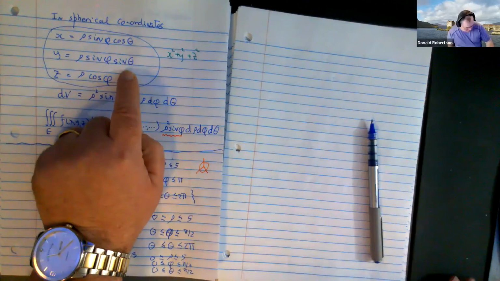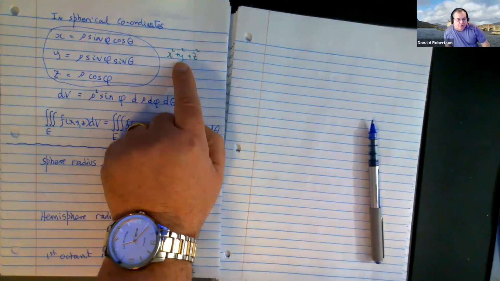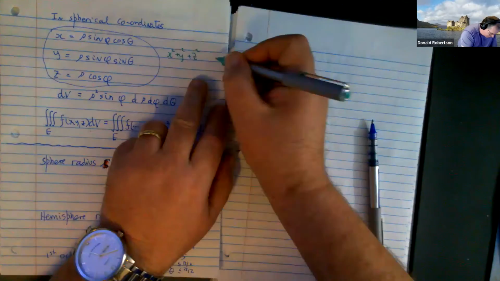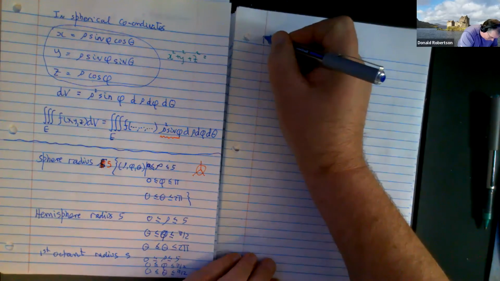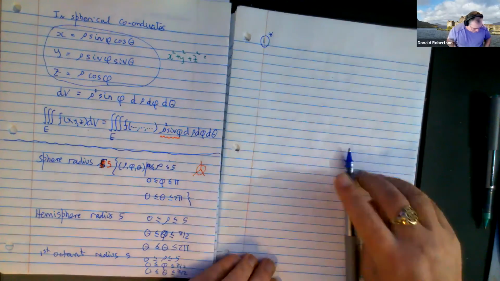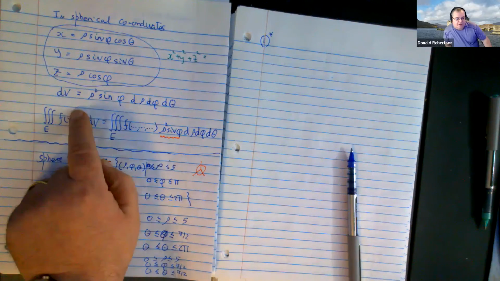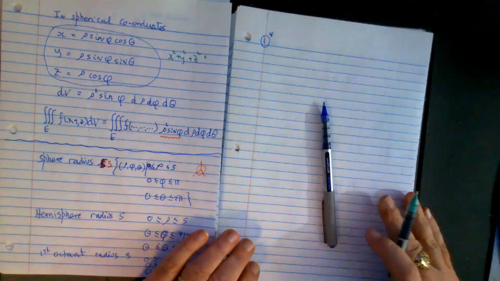Right, okay. What do you think x squared plus y squared plus z squared comes to? It's equal to something, in terms of either rho, phi, or theta. What's x squared plus y squared plus z squared going to get you? Rho. Right, just rho?